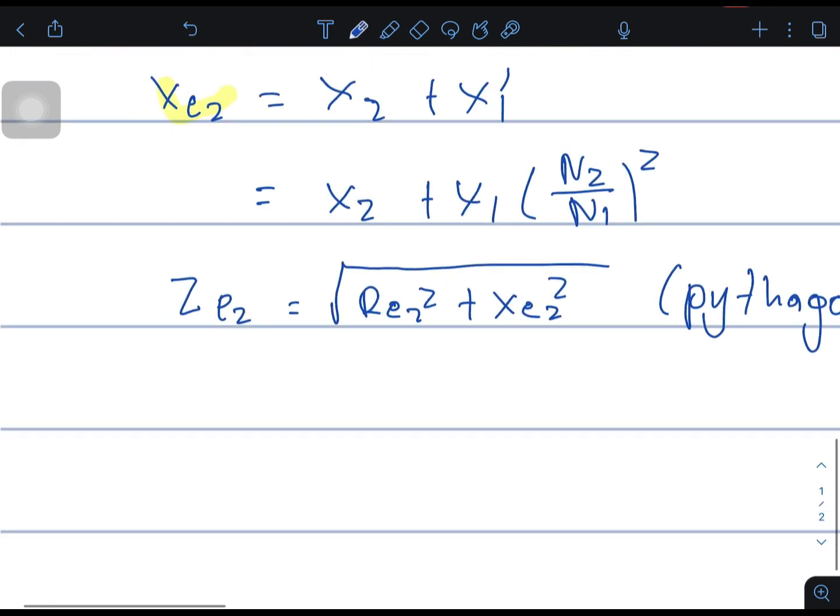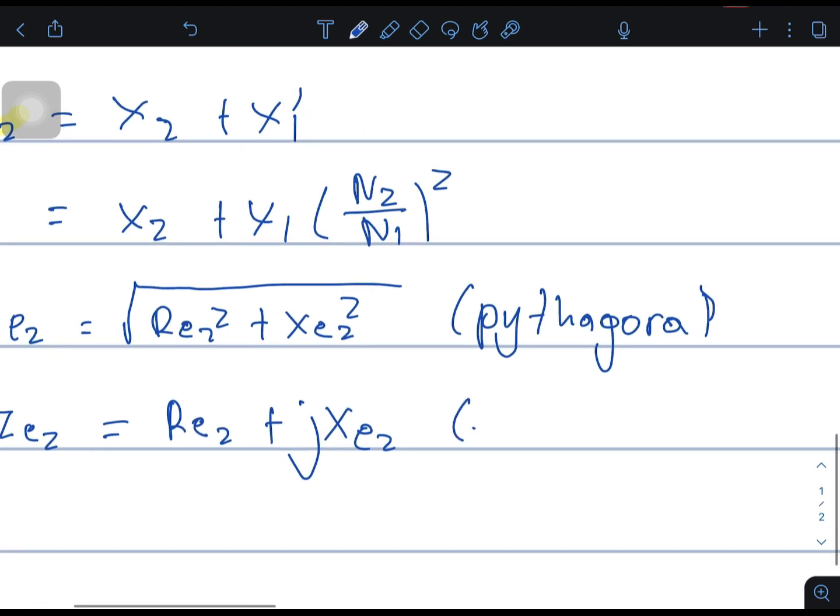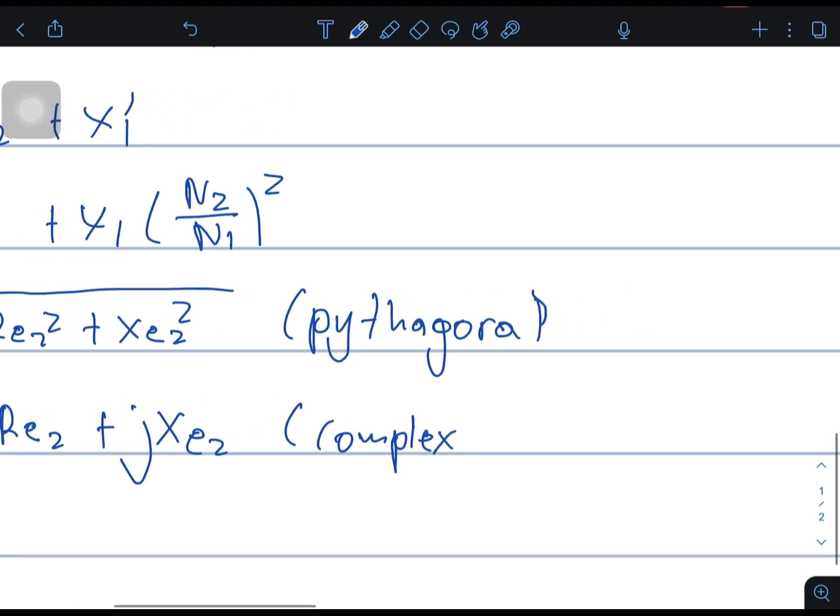So which means that Z is you can also find it in complex number form: R_e2 plus jX_e2. This is in what? Complex number form.